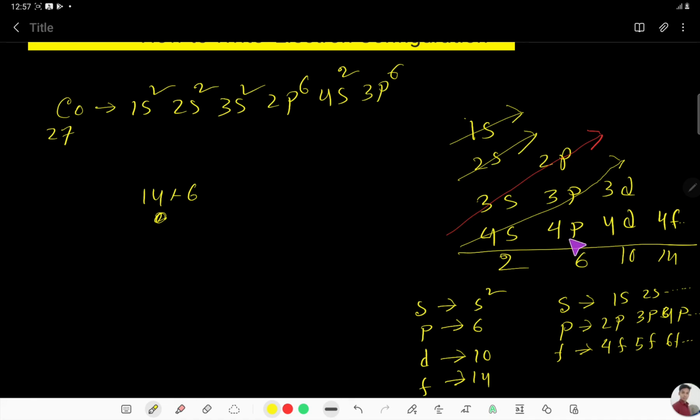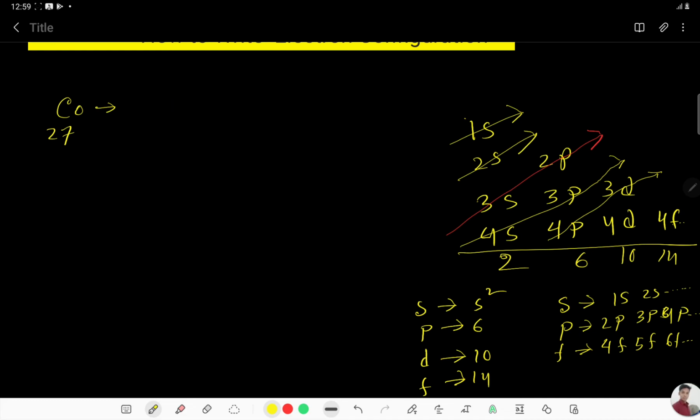Then we have 4p, 3d. 4p is 6. Then we have 3d1. Look, this is creating a problem. So we'll use the second method to write the electron configuration.